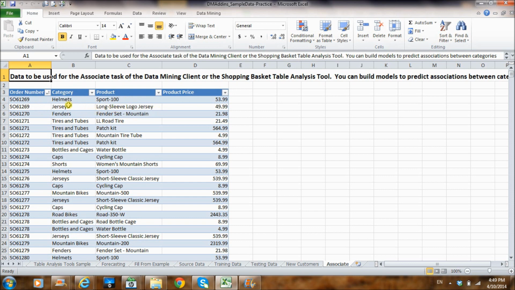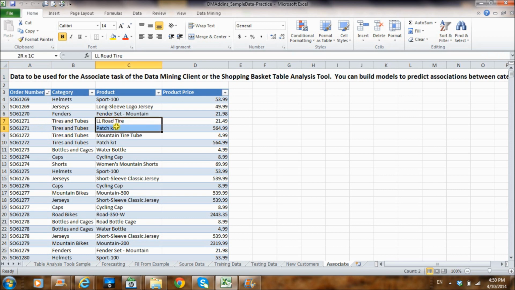And then they also have data about the category. So Sport 100 is in the category of helmets, and Long Sleeve Logo Jersey is in the category of jerseys. And then there is price information. Same thing: SO 61270 has only one product, Fender Set Mountain, and SO 61271 has two products, and so on.